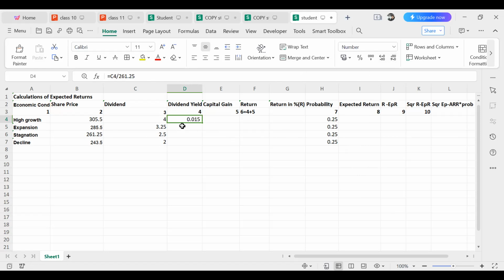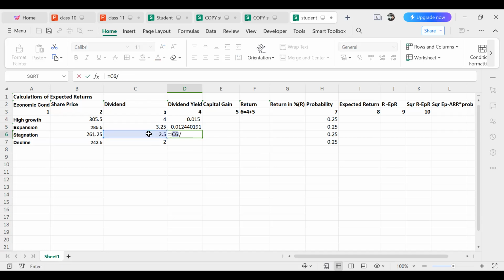Similarly, for the second one, you do the same way: the dividend divided by your share price, 261.25. Similarly, go on dividing with the share price. This is your dividend yield.